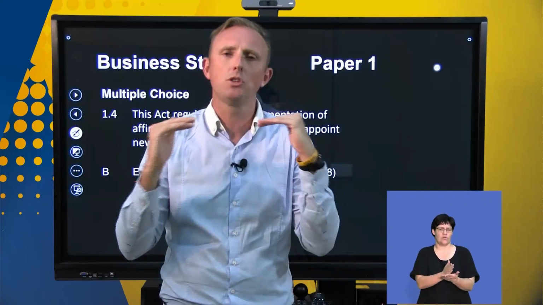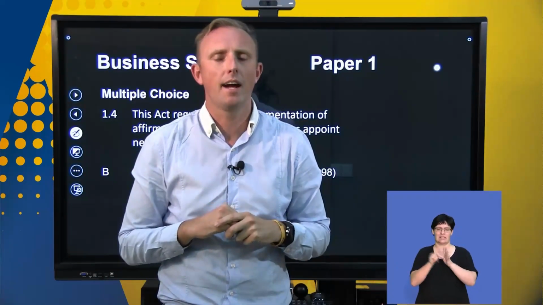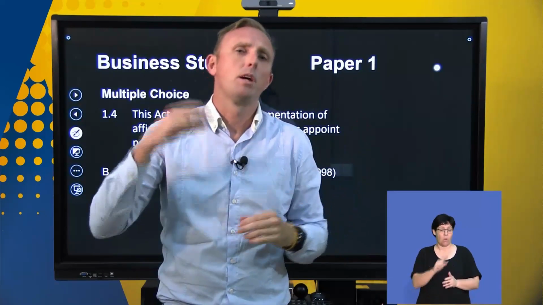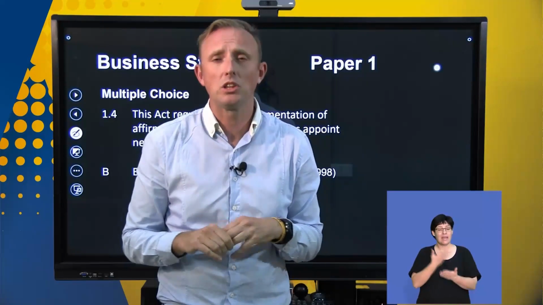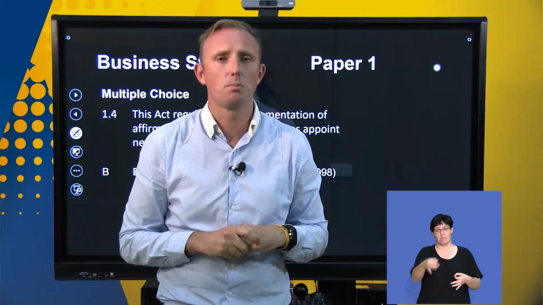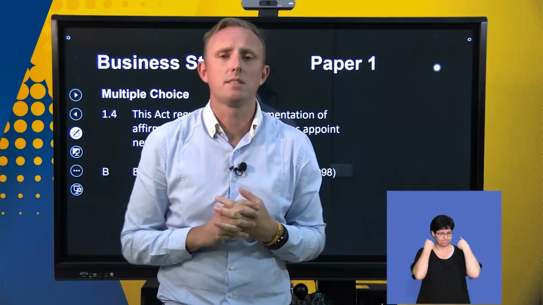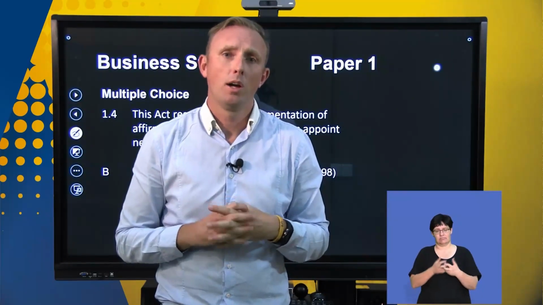So just make sure that you understand your different acts effectively, because if you don't, you're going to get confused with them and you're going to lose out on a lot of marks. You could potentially lose out 10% of your paper if you don't understand which acts belong where.